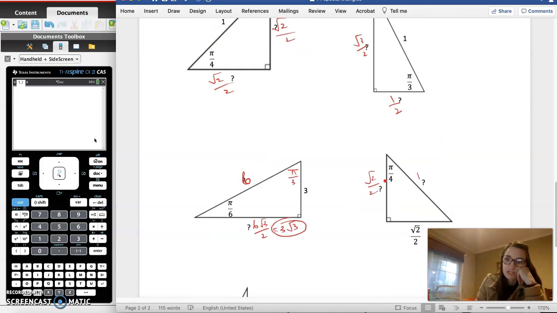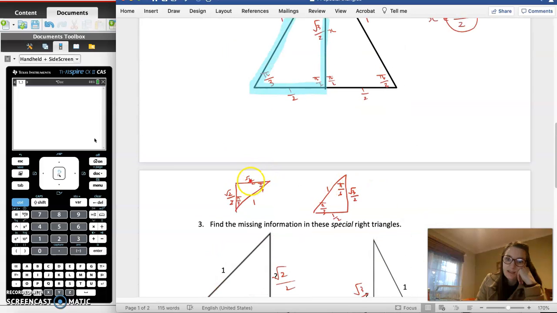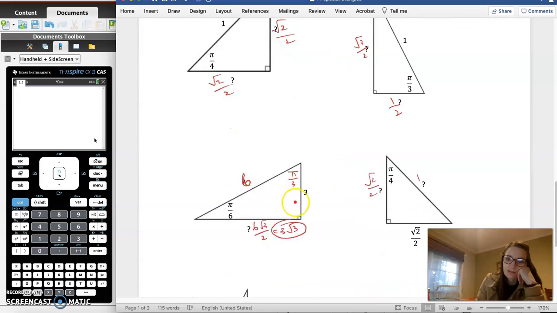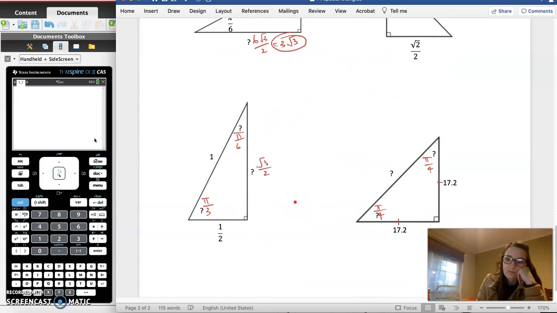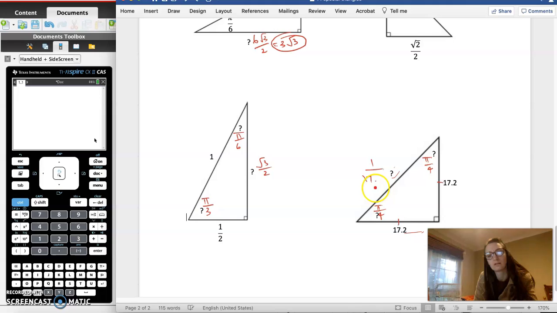And think about the ratio between this side length and this side length. So our hypotenuse, it's root 2 on 2 to 1. So if this was root 2 on 2 down here, we divide by root 2 on 2 to get this number. So this is 17.2, so this should be 1 on 17.2? No, sorry.